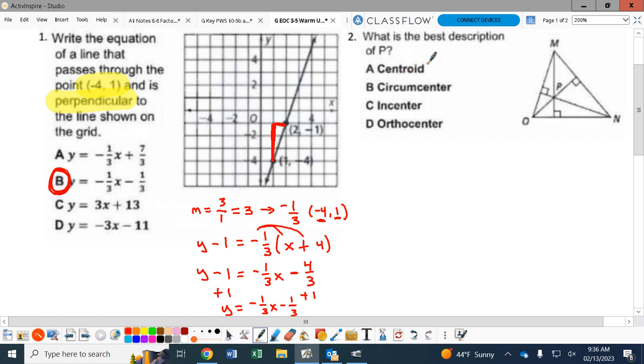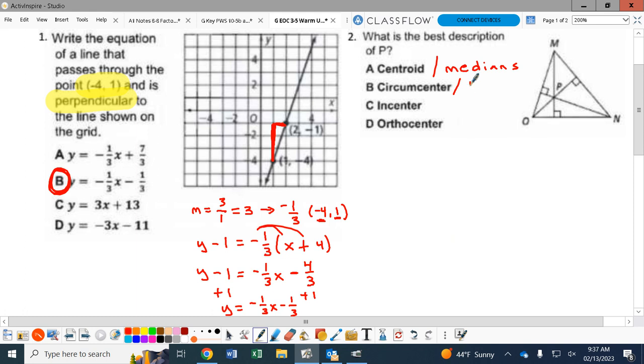You need to put all this on your paper so that you have this. A centroid. A centroid is a point of concurrency inside triangles, and it's done every time you have a bunch of medians connecting in the middle. Medians. Okay? A circumcenter is called a point of concurrency inside of a triangle, and every time you deal with circumcenter, you're going to be dealing with the perpendicular bisectors.